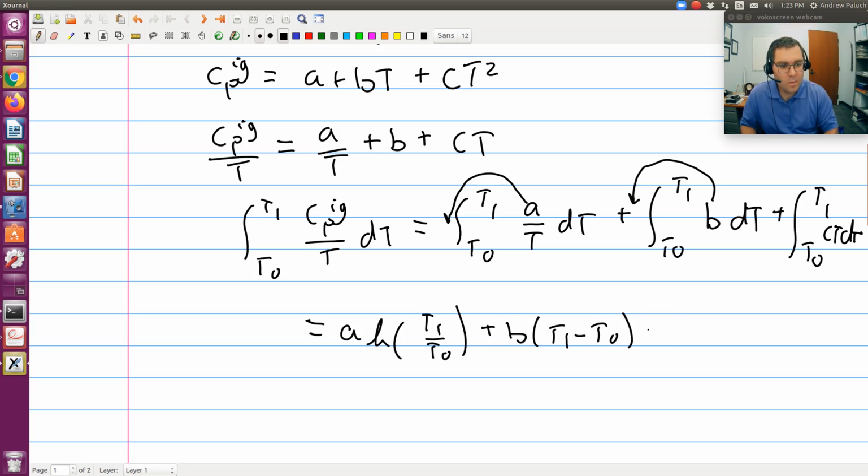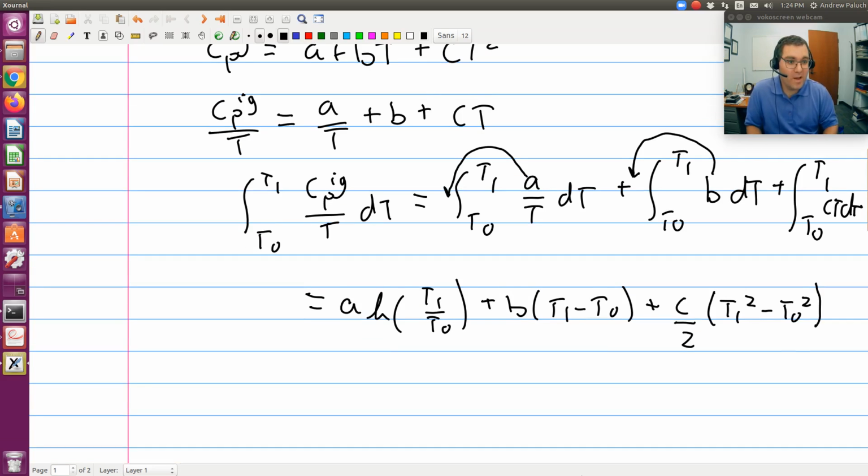Plus, C is constant, pull it out, and the integral of T dT is one half T squared. So I'll write this as C over 2 times T1 squared minus T naught squared. That's again assuming I haven't forgotten too much from my calculus days, but the antiderivative of T should be one half T squared.